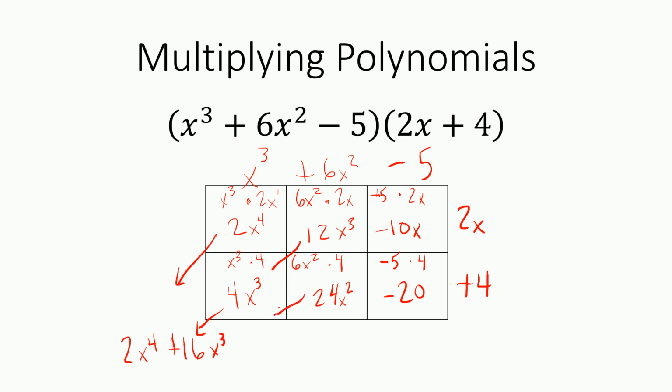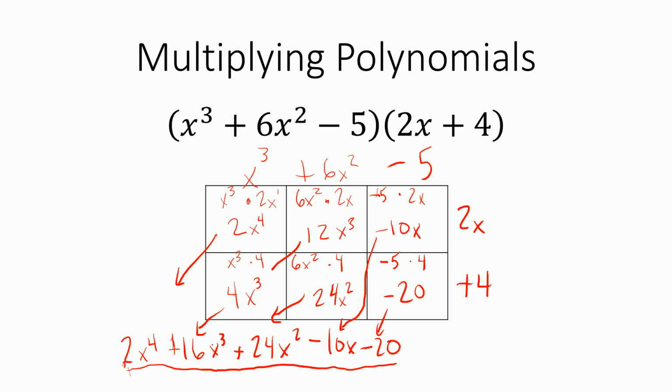The x squared term doesn't have any like terms, so we just write it. The negative 10x also doesn't have a like term, so we just write it. And the negative 20 is its own term also. So our final polynomial is this.